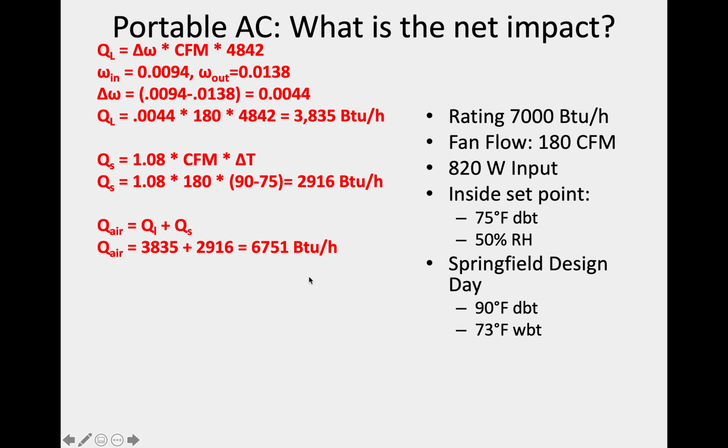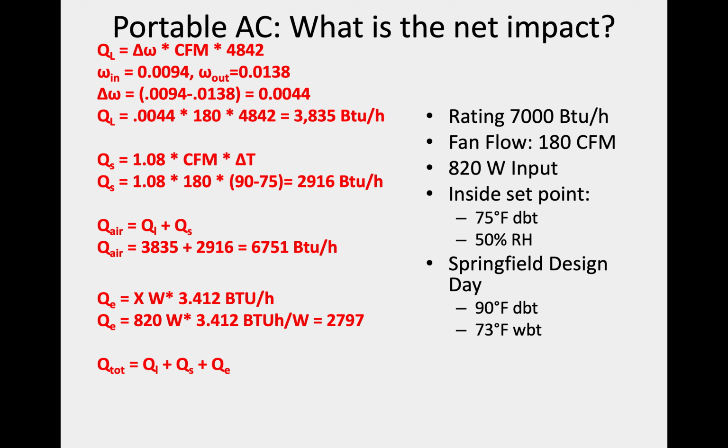So now we have to also account for the electrical energy that's inside. We have the watts, in this case it's 820 watts times 3.412 BTUs per hour for every watt. So that's 2,797 BTUs per hour. Now we've got them all in BTUs per hour.